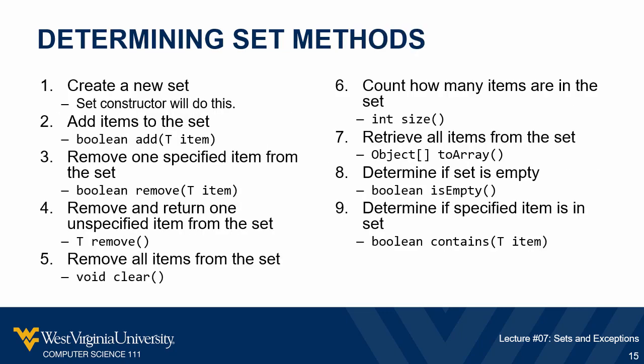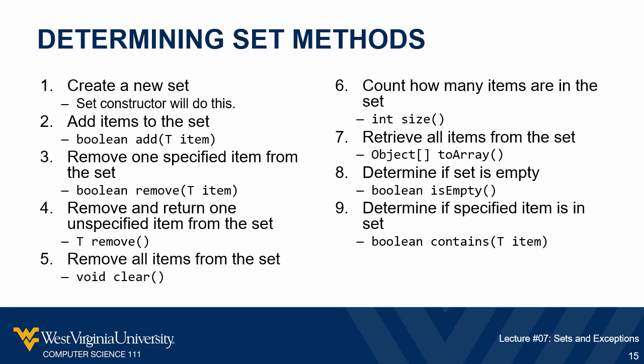So this is the list of methods that we're going to include in our set interface. Our constructor won't actually be in the interface, but we'll do that when we have our class. We're going to have a method to add an item, one to remove an item where we specify the item that we want to remove, and another version of remove that doesn't take any parameters. We'll have a clear method, one to find the size, one to find if our set is empty, and another to find if it contains a particular item.